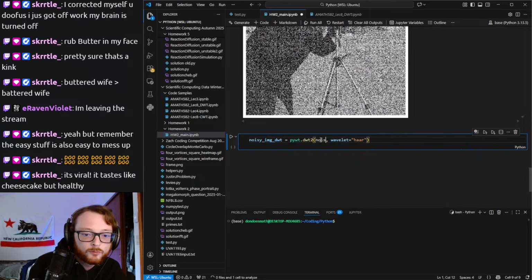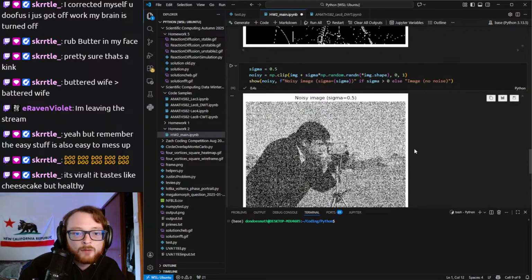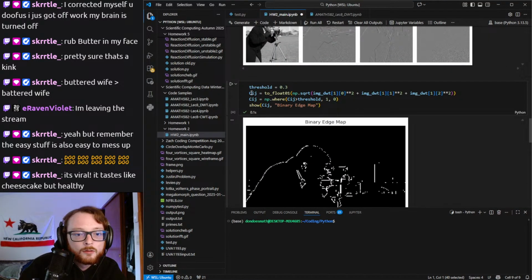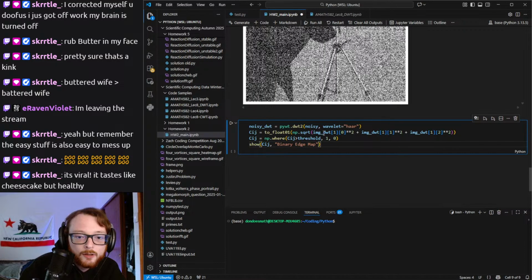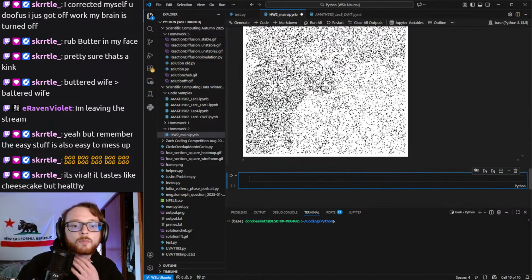It's equal to noisy, should maybe just be noisy DWT. So this is doing the wavelet transform, and then we need to add up all the coefficients here. Noisy binary edge map.